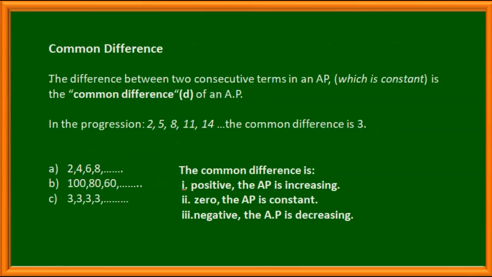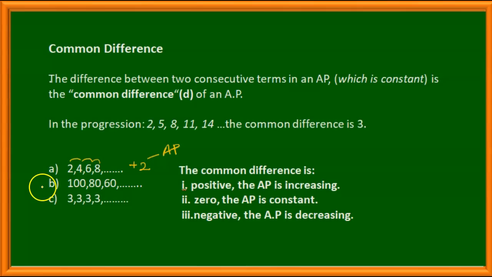Another case: I wrote 2, 4, 6, 8, etc. And 100, 80, 60 and so on. And 3, 3, 3, 3 repeating. All these are sequences. Is there any common difference in the first one? The common difference is 2, positive 2, so this is an AP.